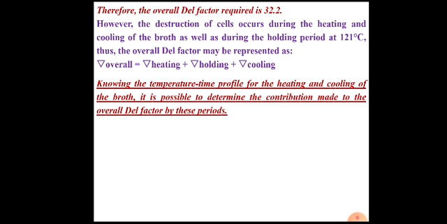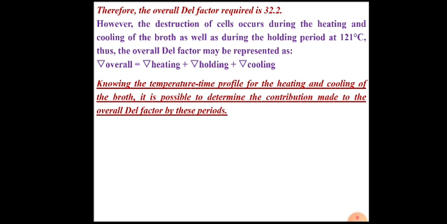So in order to calculate Del heating and Del cooling, there are going to be several values of Del during heating, Del 1, Del 2, Del 3, Del 4 and so on. There will be several values of Del during cooling as well, Del 1, Del 2, Del 3, Del 4, Del 5 and so on.